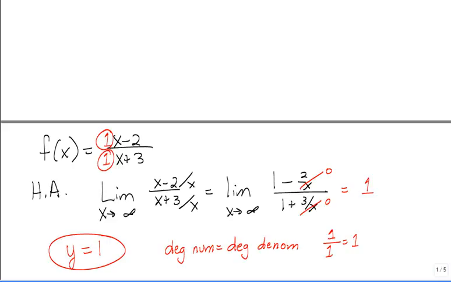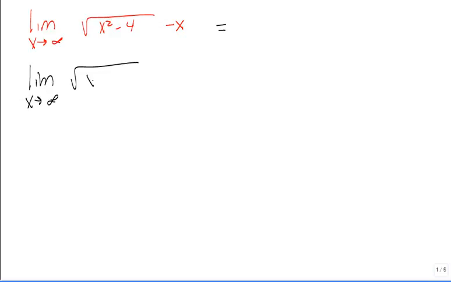Okay. Let me do another example that you'll see. Limit as x approaches infinity with the square root in it. Okay, what you're going to do is multiply by the conjugate. So we're going to take this, and it's a little trick that you have to remember.